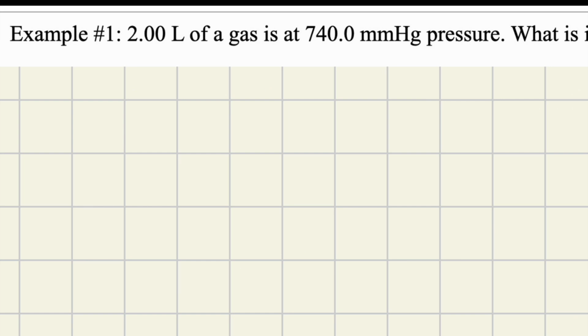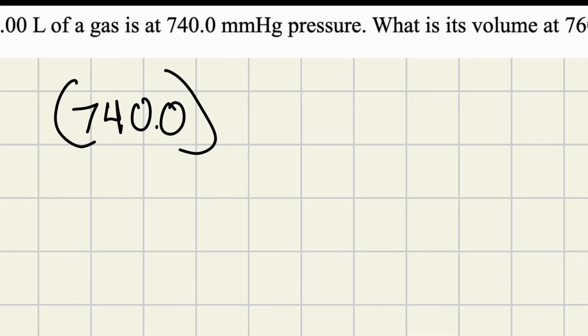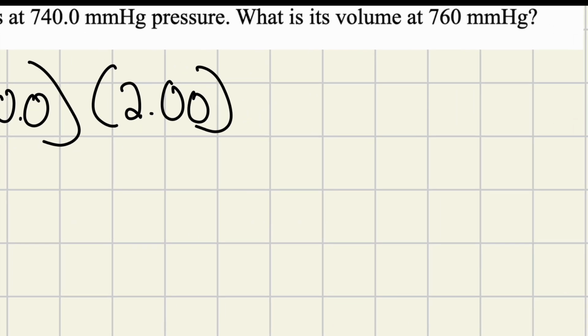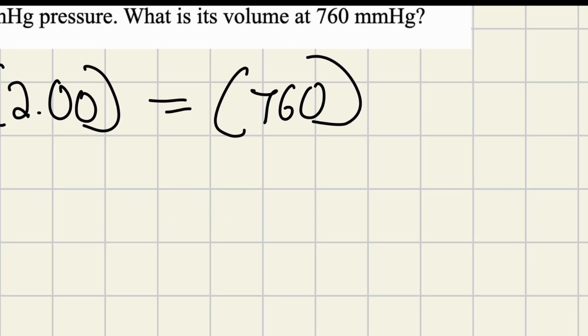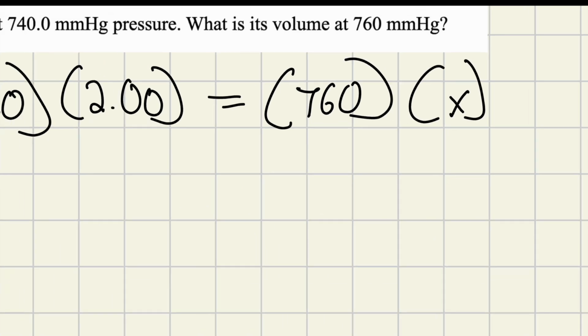So we'll take the pressure, multiply it by the initial volume, set it equal to the final volume and the final pressure, which right now we only have the final pressure. So we can put X here.